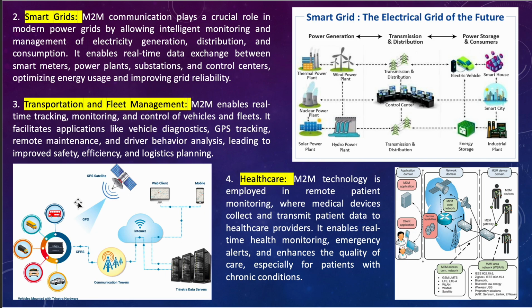When we were talking about the smart grid, we talked about a similar situation where we can take the weather information from IoT devices or from machines. Those machines can talk to these machines, and weather forecasting models can predict whether it's going to be cold or hot.